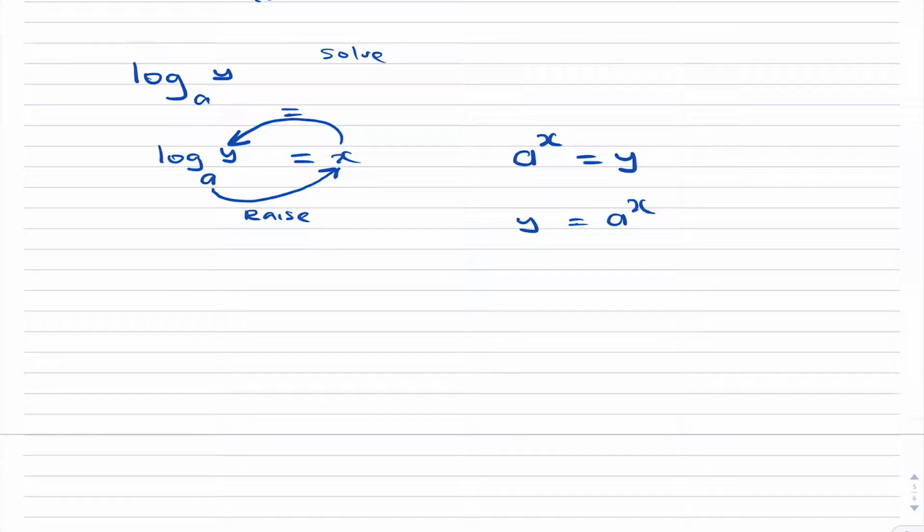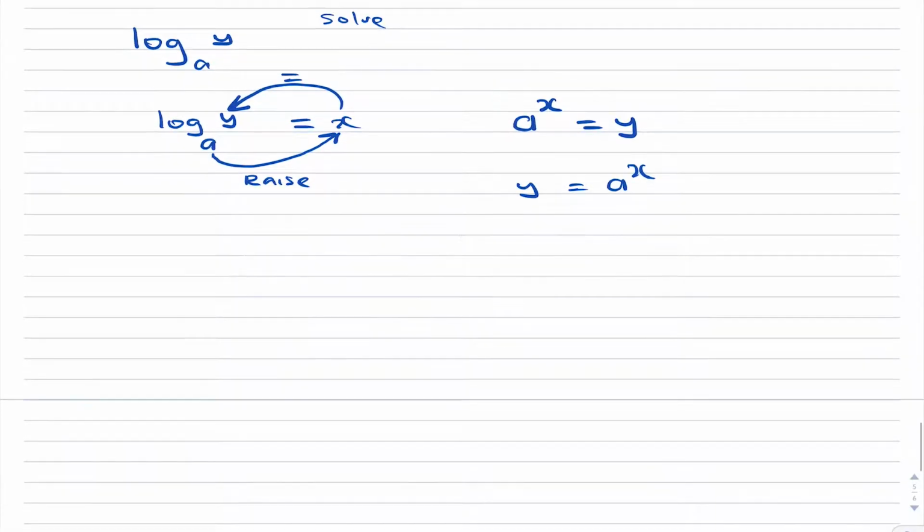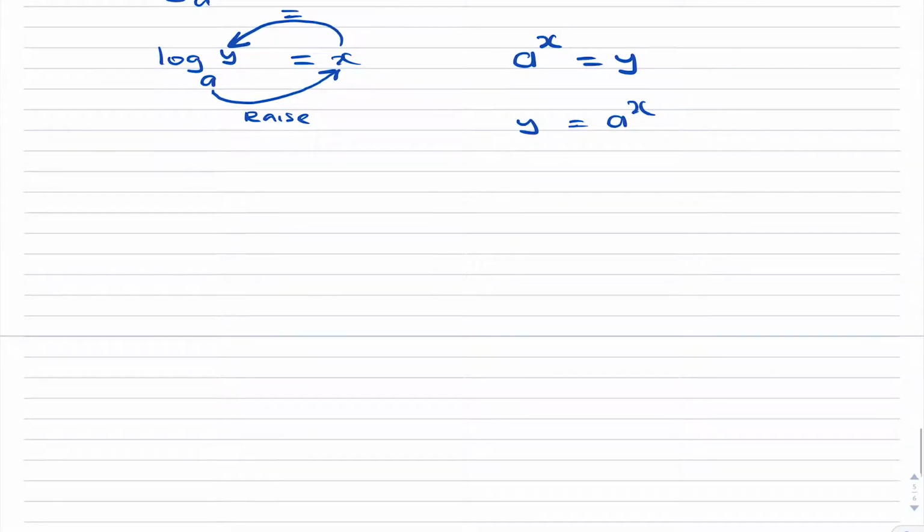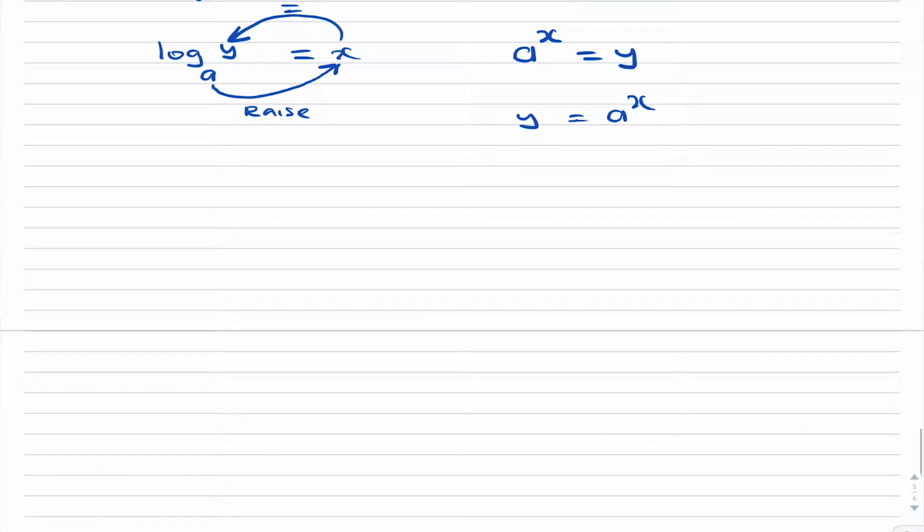Now I'm going to transform the exponential function back into log, hence the inverse function between log and exponential functions. So if I have y equals a to the power of x, all I need to do is take log of base a on both sides, because the base of the exponential is a. So when I'm choosing my log, I have to use base a.